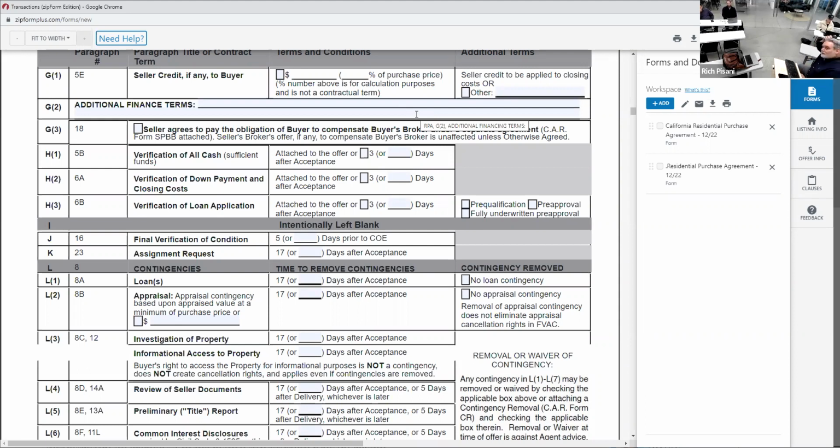So now here's the other thing. On the buyer broker agreement, it states this: Mr. Buyer is paying buyer's broker 2.5, seller is paying 3%. What happens to that extra 0.5%?